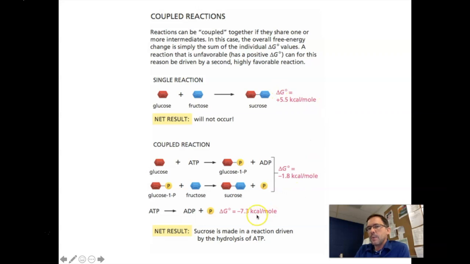So if these two are coupled, this more favorable reaction can be used to drive a unfavorable reaction, right? But it's less unfavorable than this is favorable. So the net is still negative. And the value here is negative 1.8 kilocalories per mole.